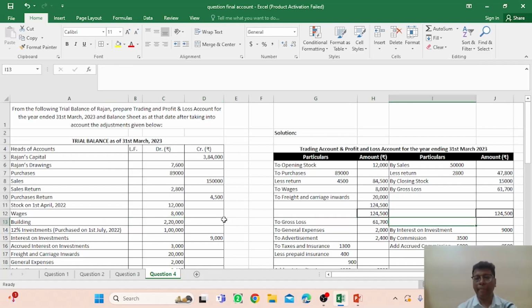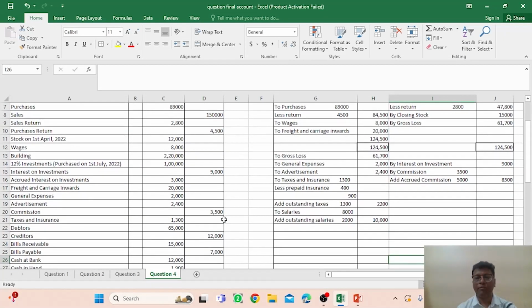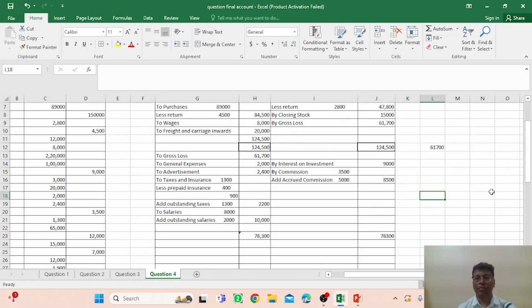right? And we have to take the total of this particular figure, 78,300. We should mention here 78,300, and we take the total of this side, this is 17,500. So we should calculate, equal 78,300 minus 17,500. We find 60,800.